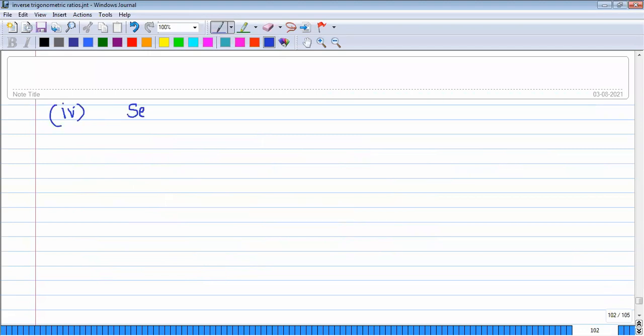Secant square of cot inverse 3 plus cosecant square of tan inverse 2. It's a very interesting problem.